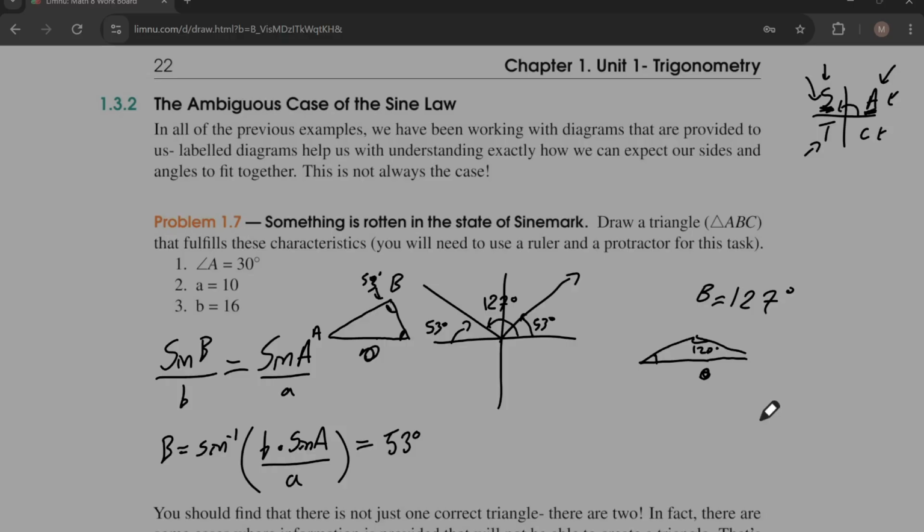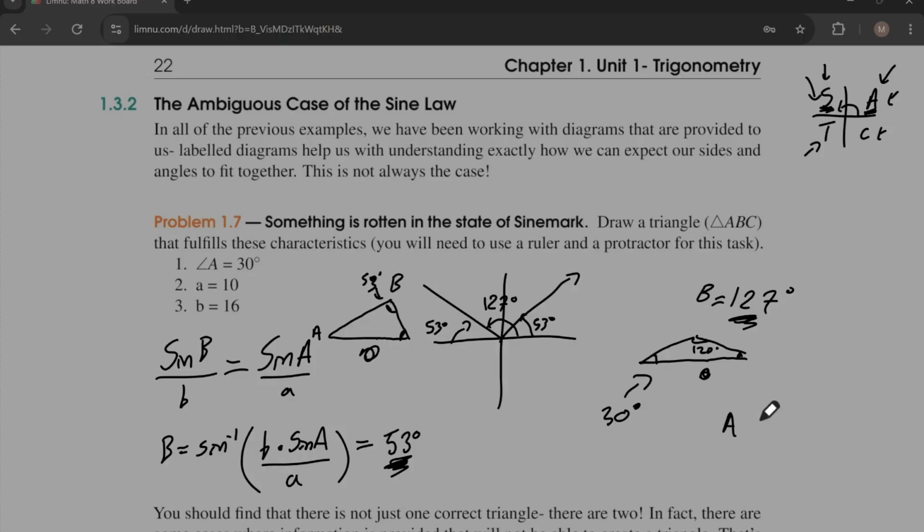So how do I test to know if both these triangles are possible? Well, the answer it gives you is always possible. Okay, so the smaller angle is always possible. The larger angle you check by seeing if it follows the rules of every triangle. If I already know that A is 30 degrees, I need to make sure that I can fit an angle of 127 degrees in this triangle and still have some left over here. So here's a rule.